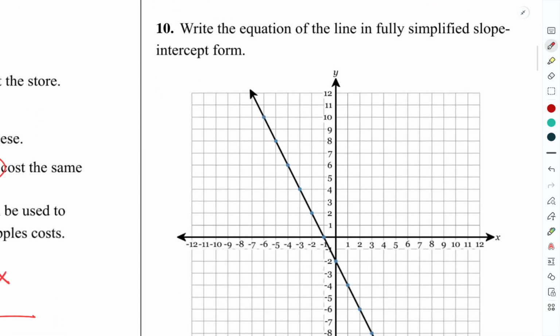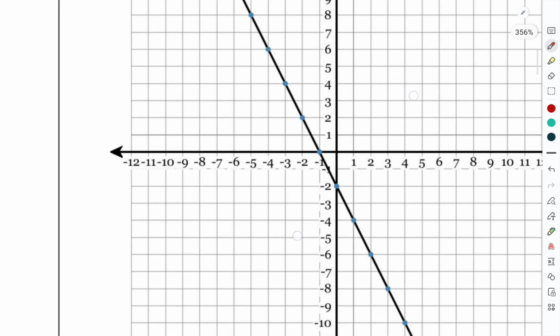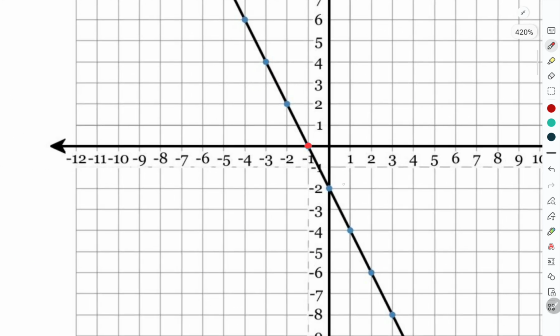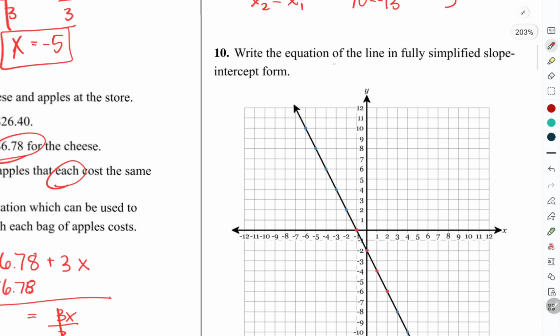Write the equation of the line in fully simplified slope-intercept form. Ooh, hard to see, but I see these little dots. So that's telling me my slope. Okay, slope-intercept form, that's what they asked for, is y equals mx plus b.